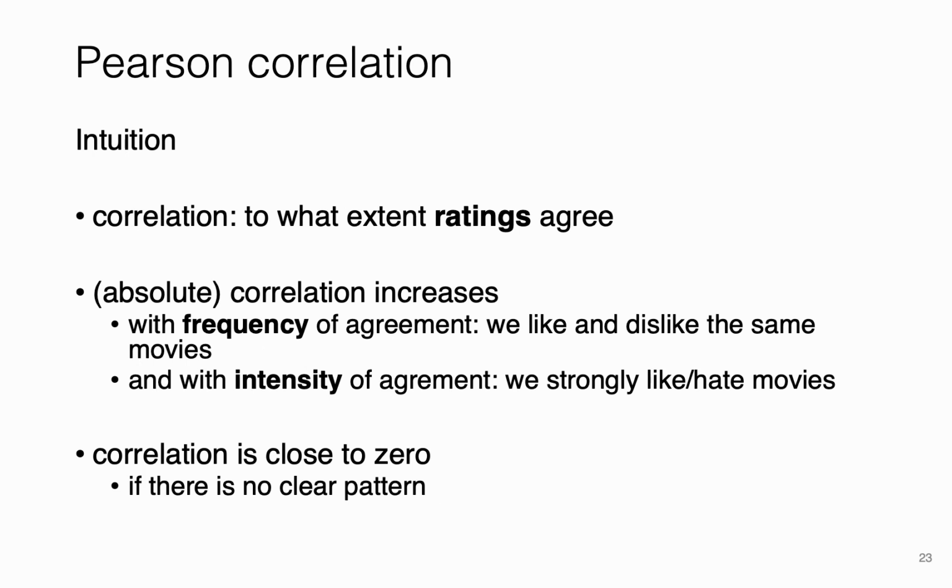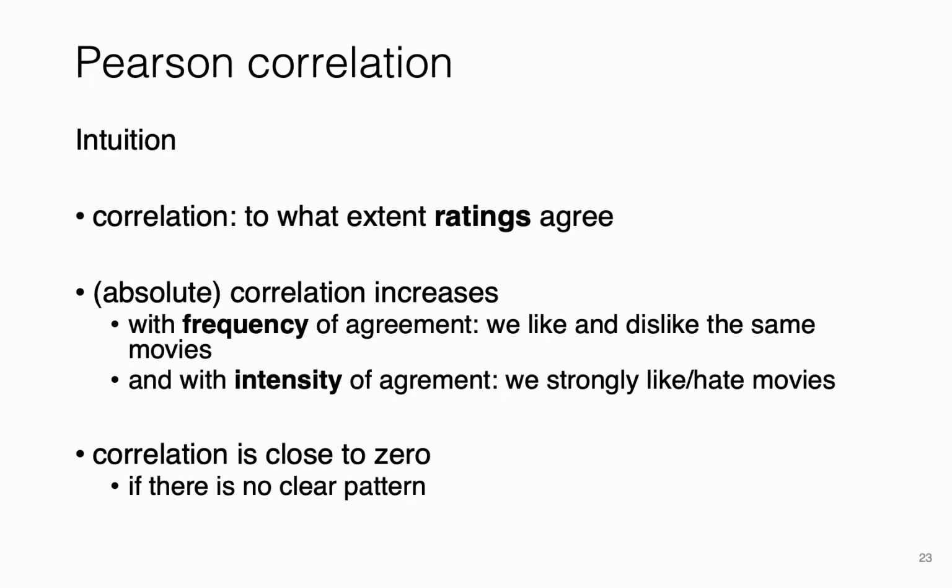Let's give the intuition for the Pearson correlation coefficient, or for short PCC. Any correlation measure captures the degree to which two series of numbers agree. In our case, the numbers are the ratings.